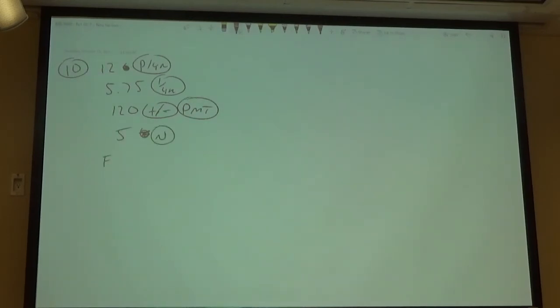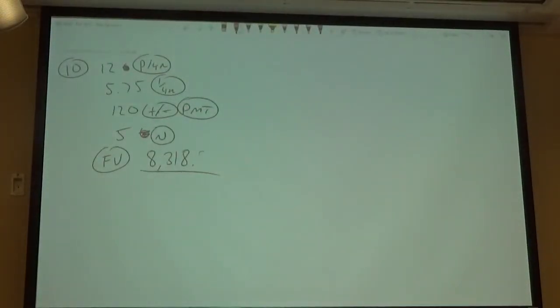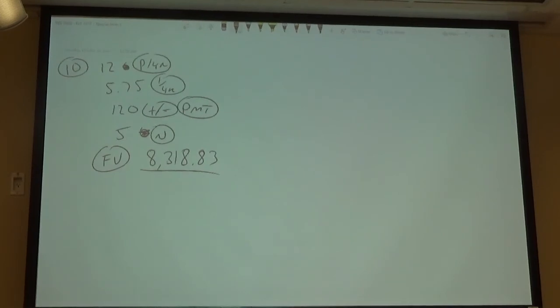So we'll be solving for future value to start. So 8,318.83 is the amount that will be accumulated by the end of the 5-year term.